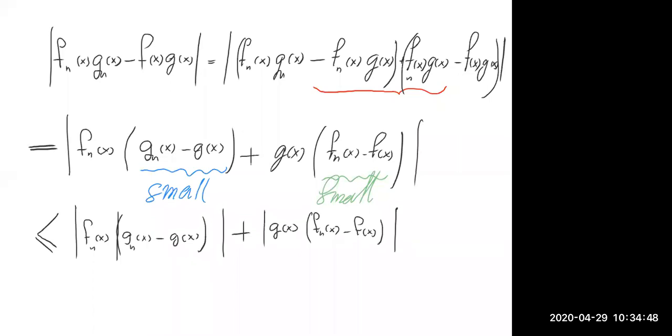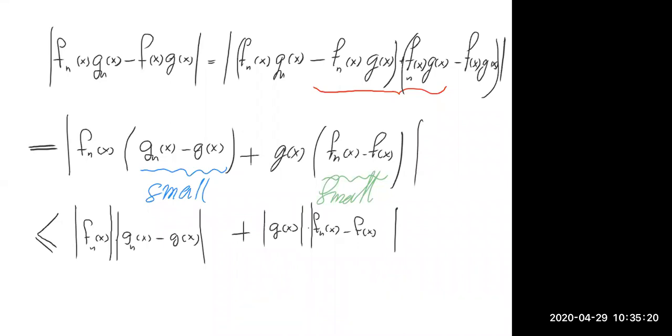So this is equal to |Fn(x)| times |Gn minus G| plus |G(x)| times |Fn(x) minus F(x)|.